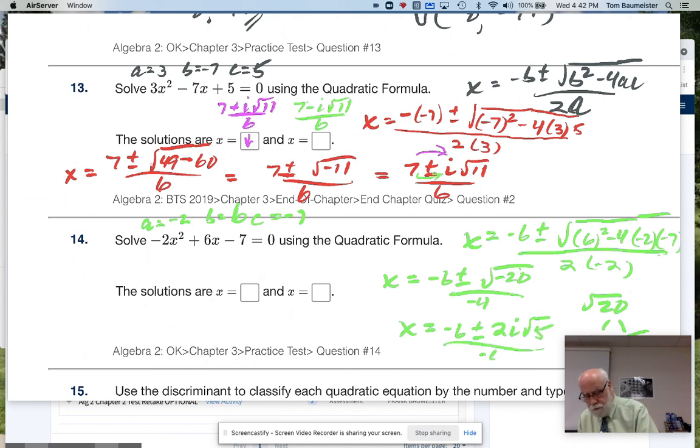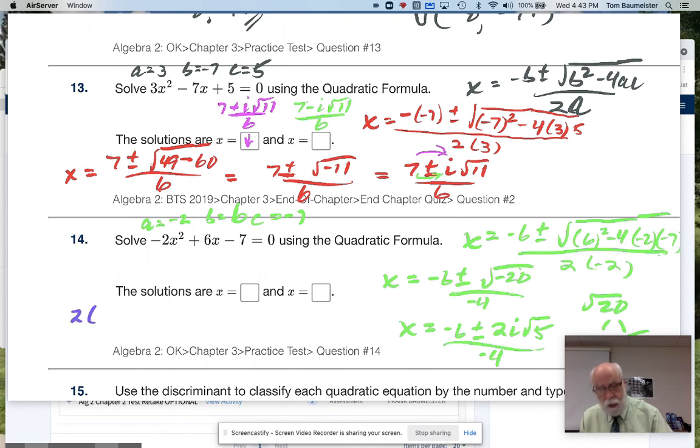over negative 4. Now, if you think about that, ladies and gentlemen, on that one there, is there something I can factor out? If I look at the top here, okay, I have a 2 here. Well, 6 is 2 times 3, and this one here we know is 2 times 2, so it looks like I can factor out a 2. So I'm going to factor out a 2.